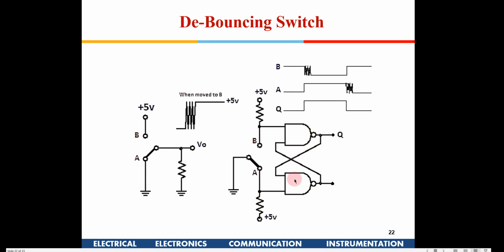There is going to be some chatter on B, but the output Q is not going to have that kind of chatter or unwanted transitions. So this will remove all these unwanted transitions.